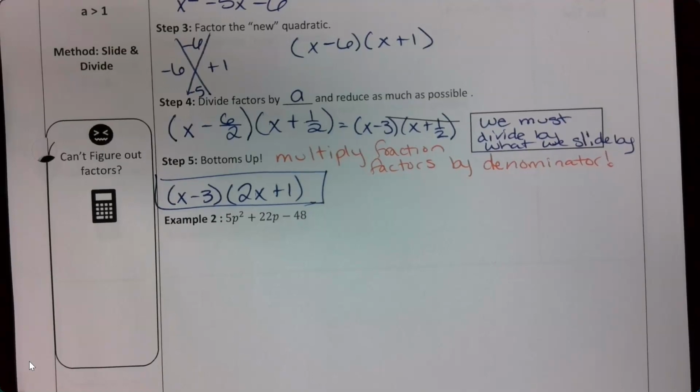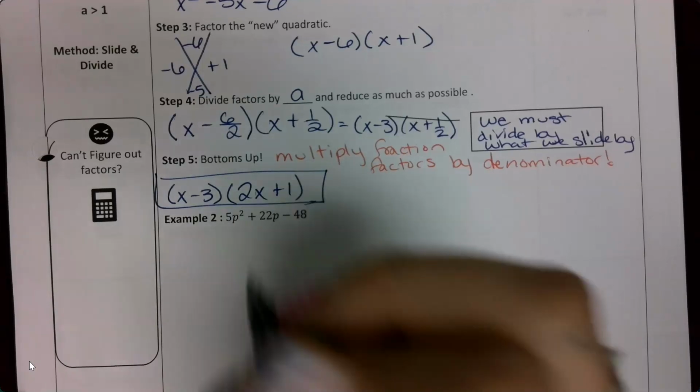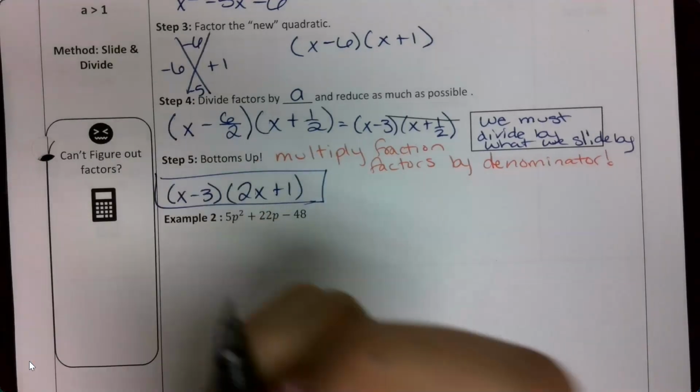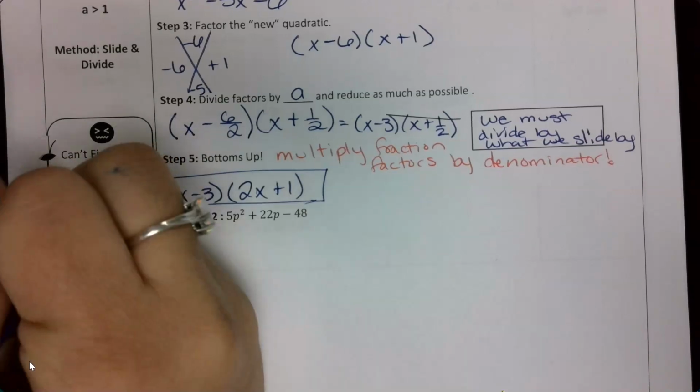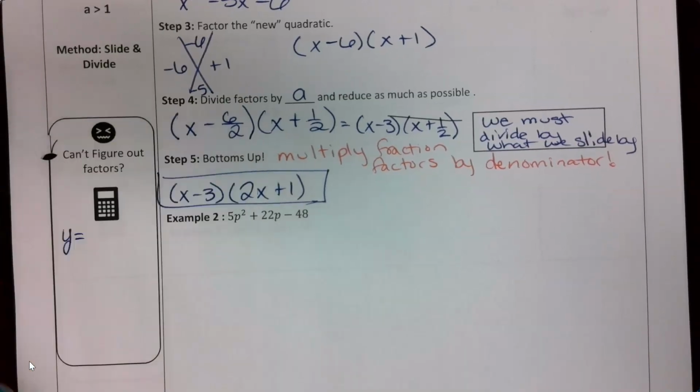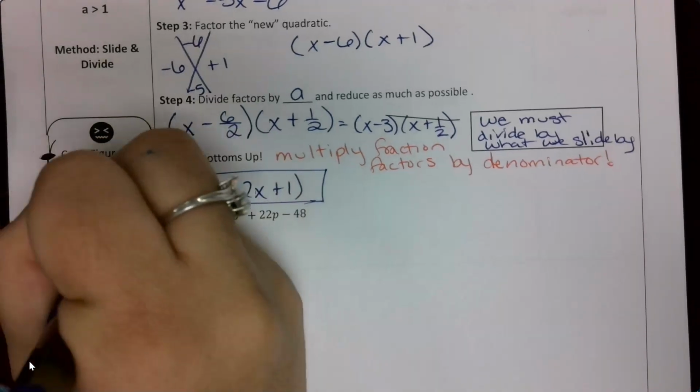If I couldn't figure out the factors when I did the x method, I could use the calculator and type in y equals my c value over x.